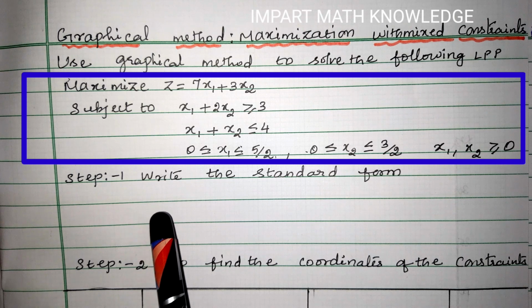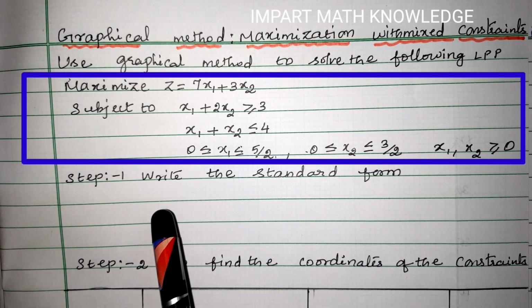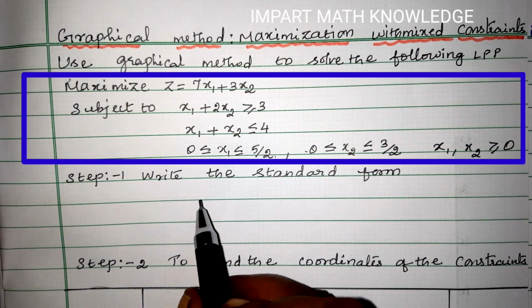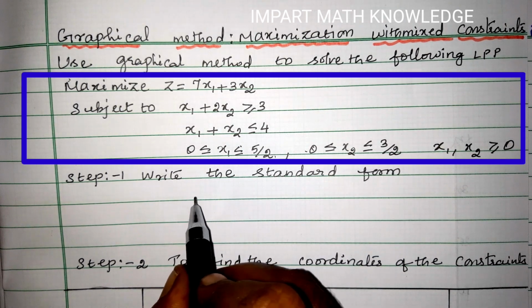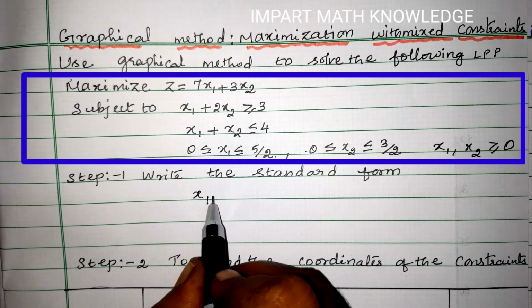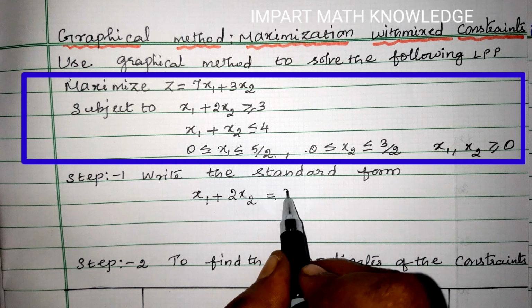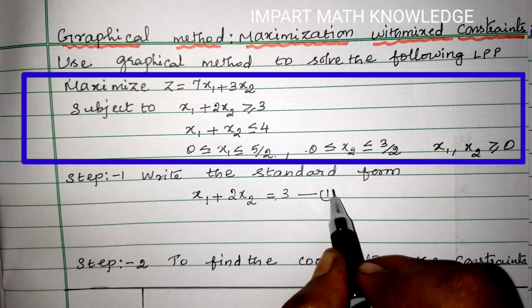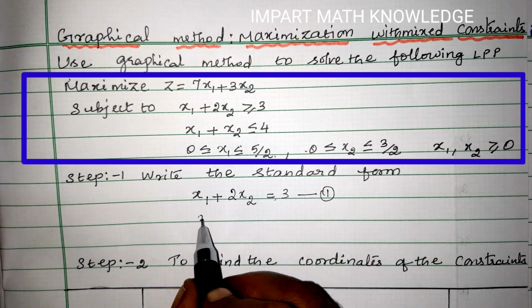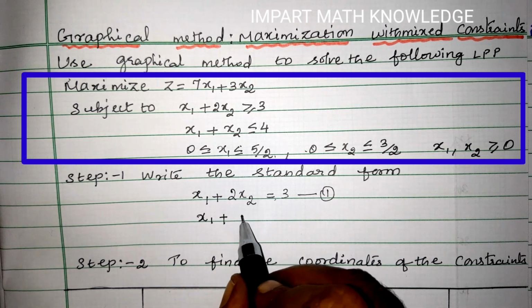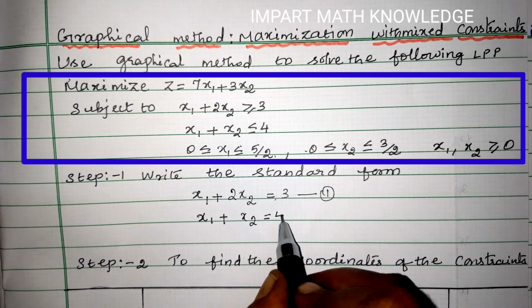The first step in the graphical method is to convert the given constraints into equal form. Now let me write the first constraint: x1 plus 2x2 is equal to 3. Take this as number 1. The second one is x1 plus x2 is equal to 4.